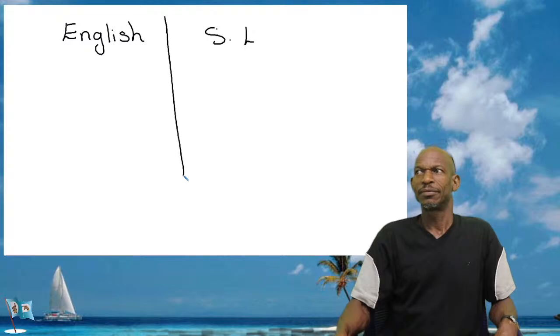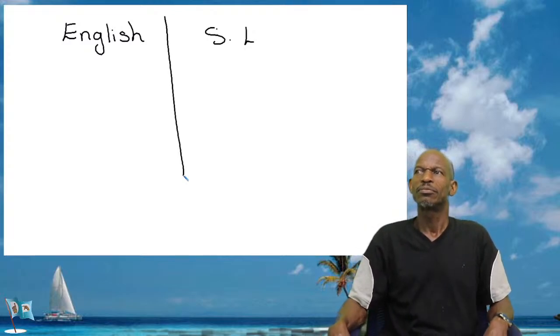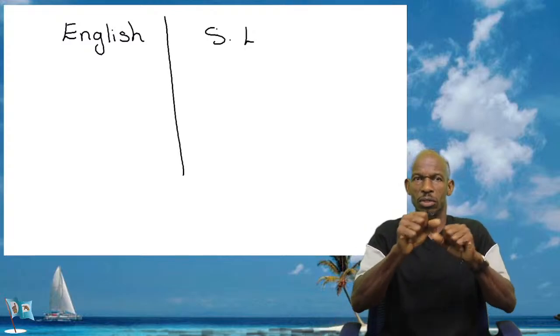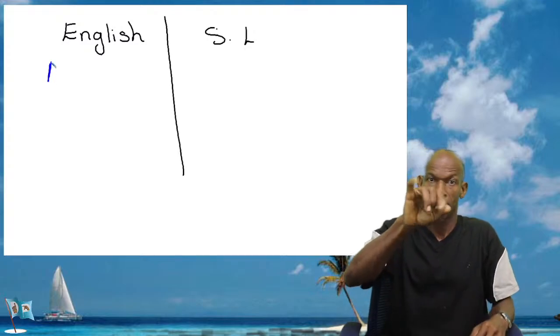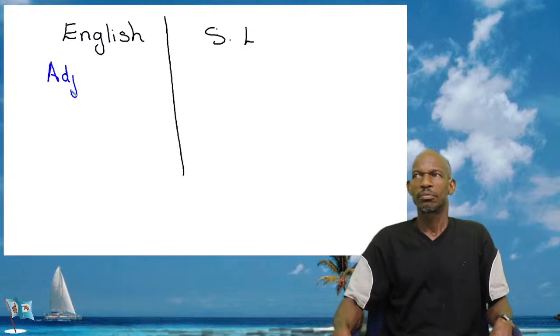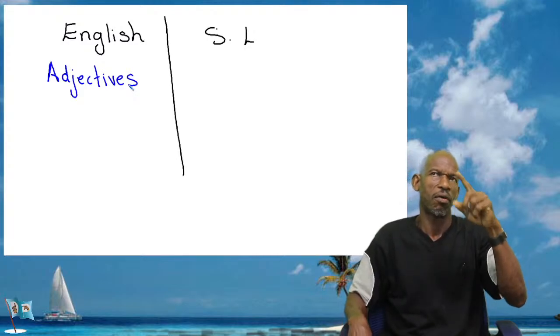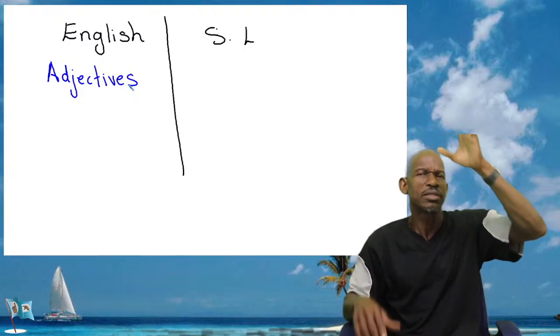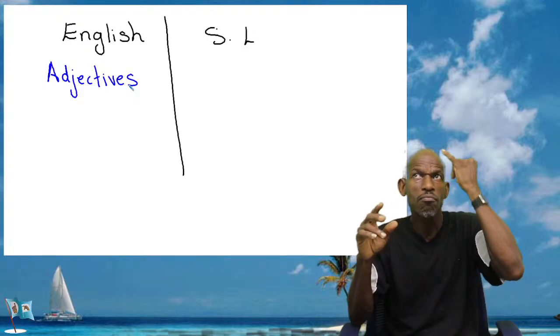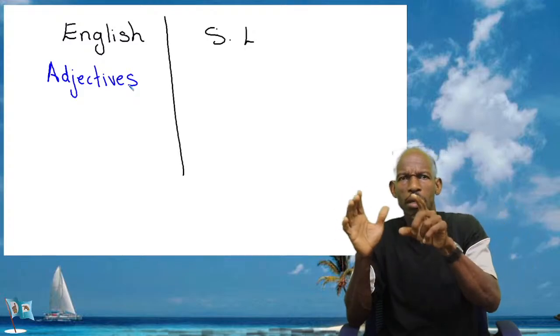So in English, we use the adjectives. Basically, that is what we do. We use adjectives to talk about the noun and the pronoun. But what do we do in sign language? And sometimes we get confused because yes, sign language will use adjectives, but that's not the main thing.